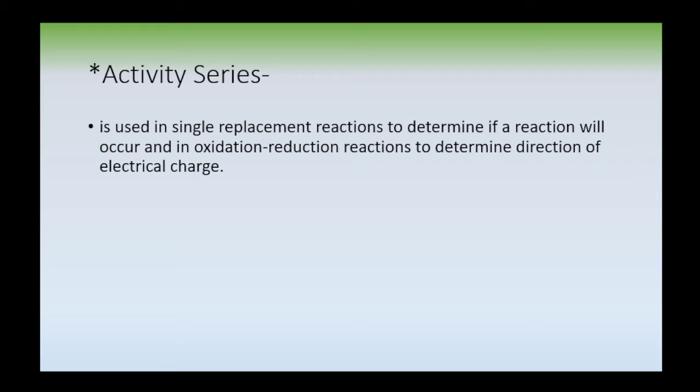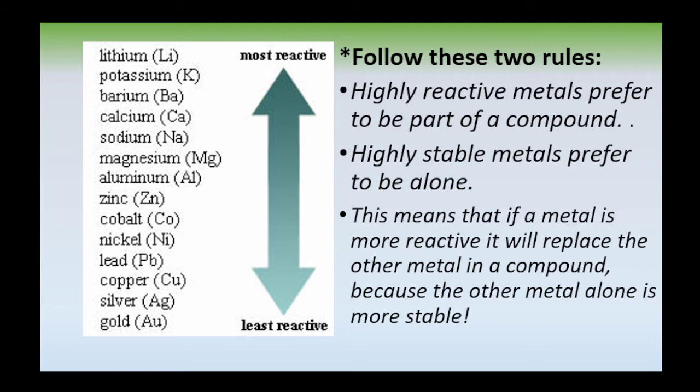Activity series is what we use to determine this reactivity, and it's used in single replacement reactions to determine if the reaction will occur, and in oxidation reduction reactions to determine the direction of electrical charge. This is a shorthand activity series, as you can see, the top being most reactive, the bottom being least reactive.